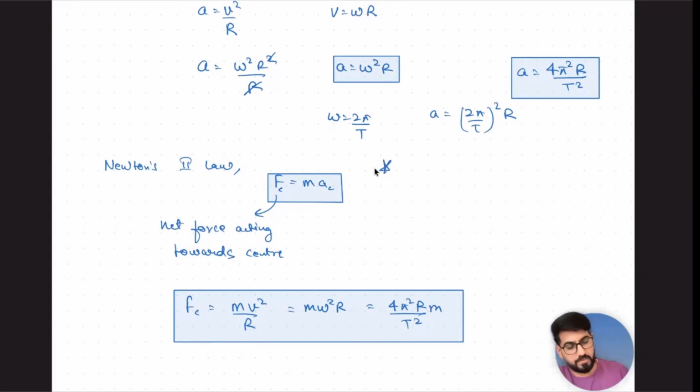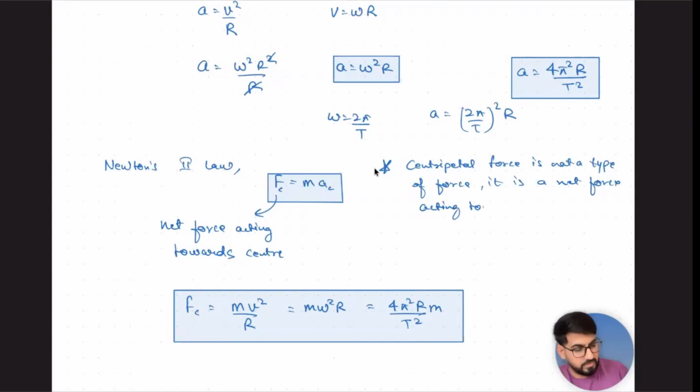Also make a note here. The centripetal force is not a type of force. It is a category, or you can say it is a net force acting towards the center when an object moves in a circular motion.